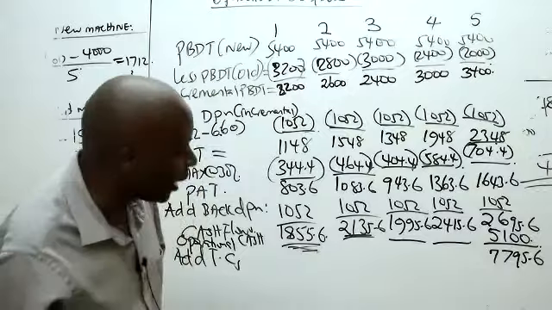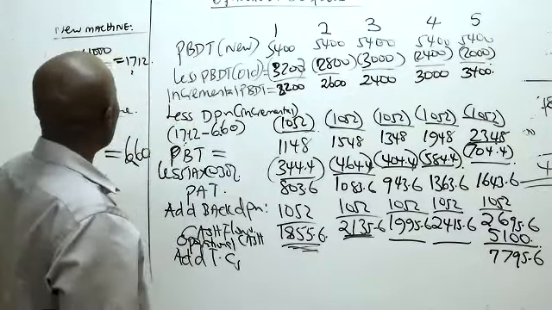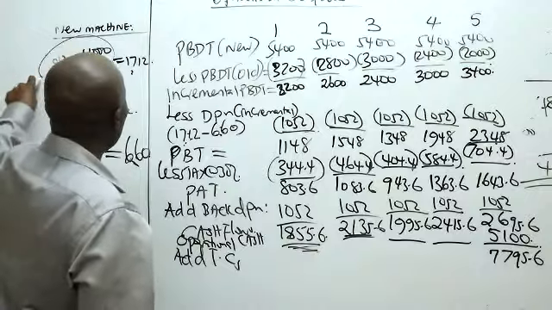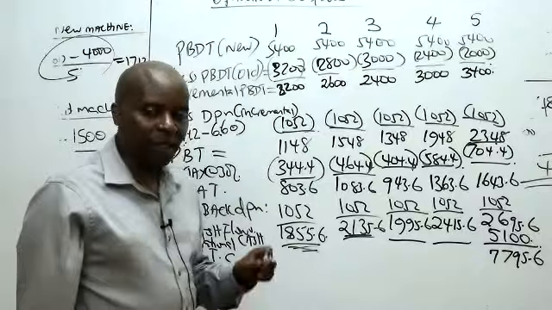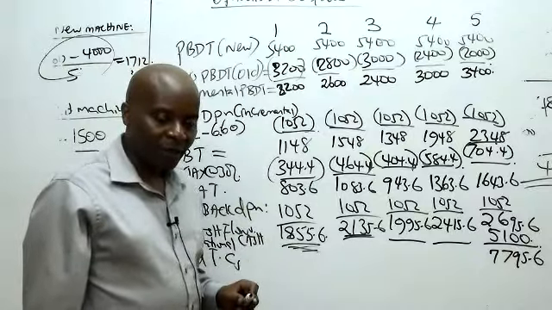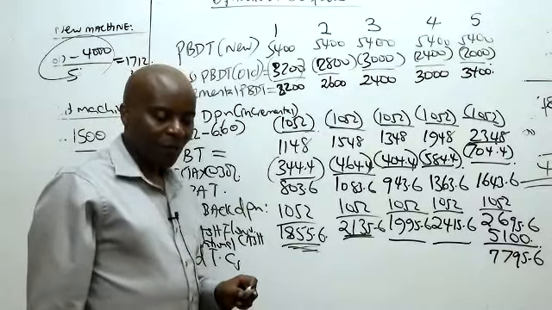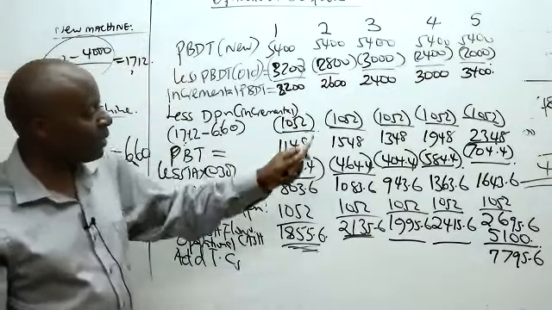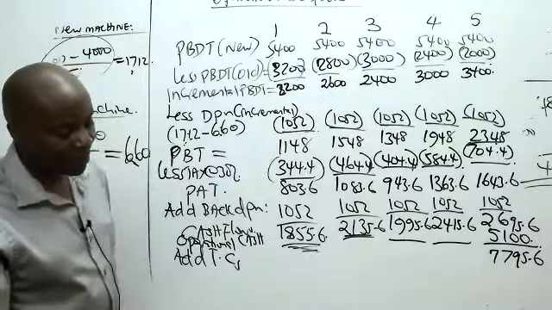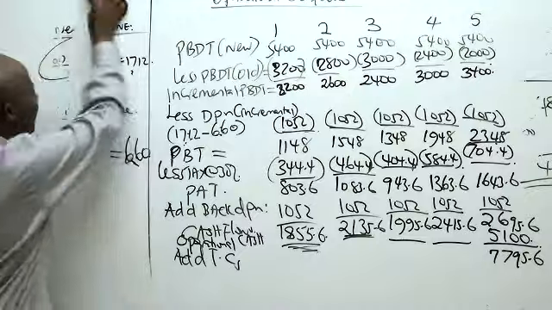Brian Musioka, network problem. I hope, Brian, you are able to see how we got depreciation of the new machine and depreciation of the old machine. Once we got those two parameters, we were able to subtract them, and now we came up with that figure.